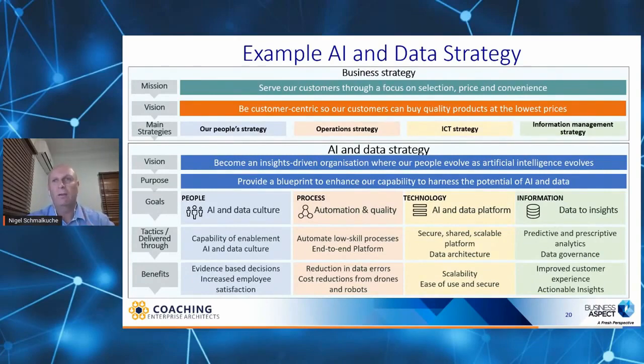That could be around, and I've got some of the tactics there, capability enablement. So that enables people to have that training. You have people that can be sponsors of that training in excellence. And you could have things like self-service of the data.